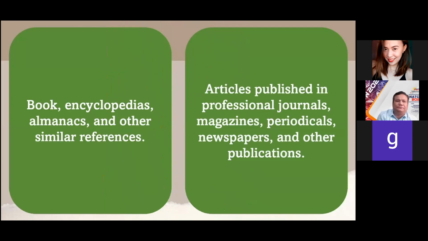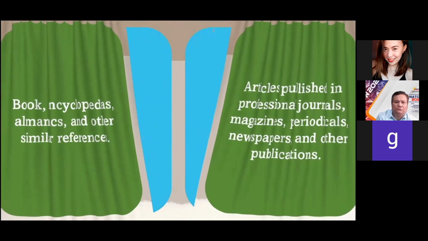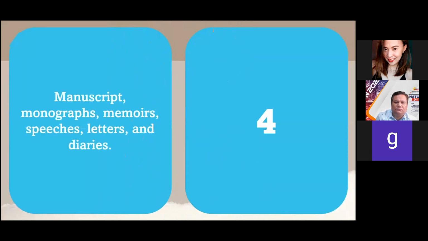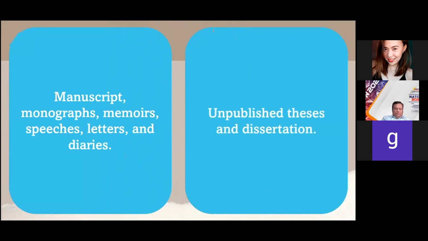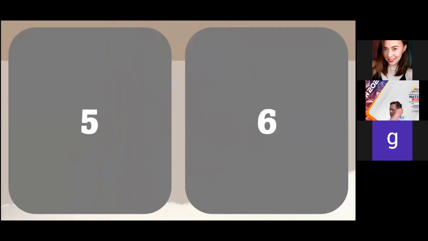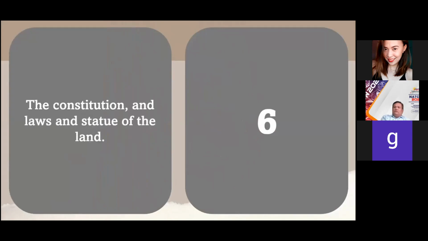Articles published in professional journals, magazines, periodicals, newspapers, and other publications. 3. Manuscripts, monographs, memoirs, speeches, letters, and diaries. 4. Unpublished thesis and dissertation. 5. The Constitution and laws and statutes of the land.